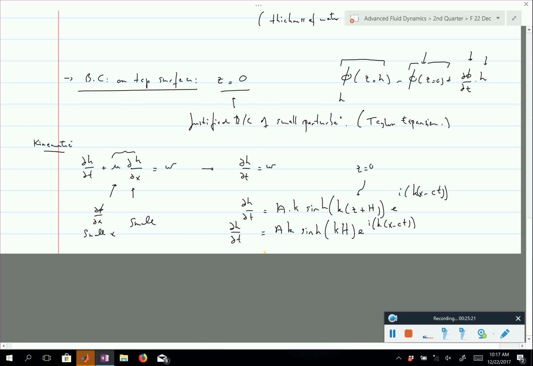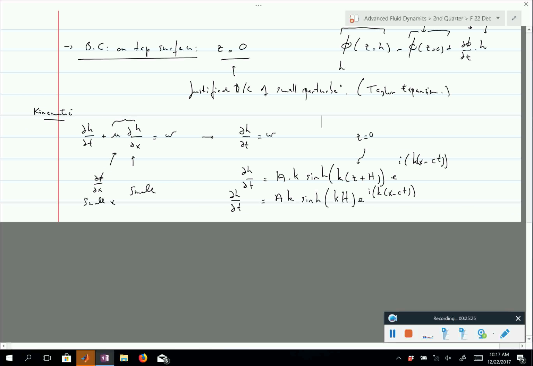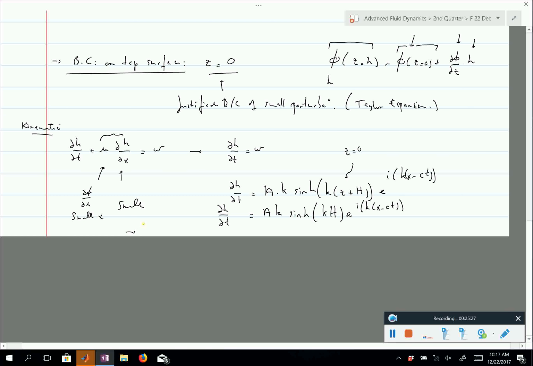Yeah? So let's assume then that this can be satisfied with h equals h naught exponential i(kx minus ct).